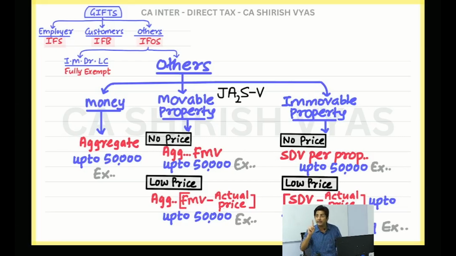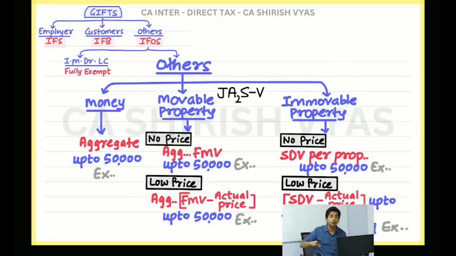Why? I will explain. But first you have to understand which items are taxable. Jewelry, artistic work, archaeological collections, then shares and securities. It includes debentures, bonds, everything. Because it is not just shares and securities. Securities is a broad term. Debenture, bond, everything is covered.